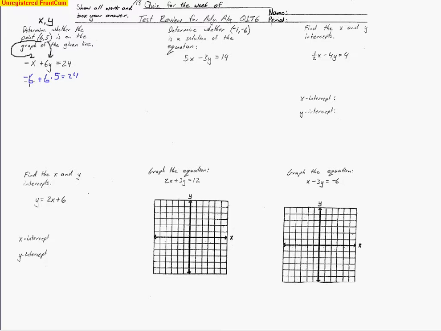When I do this work, I'm going to multiply first, 30, and then plus negative 6. I'll see if it does equal 24. So it does, and I have an equality. An equality means that the point is on the line.